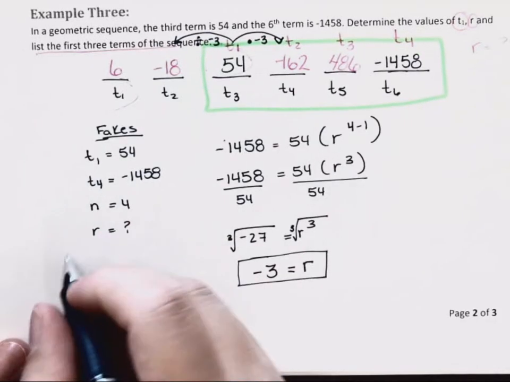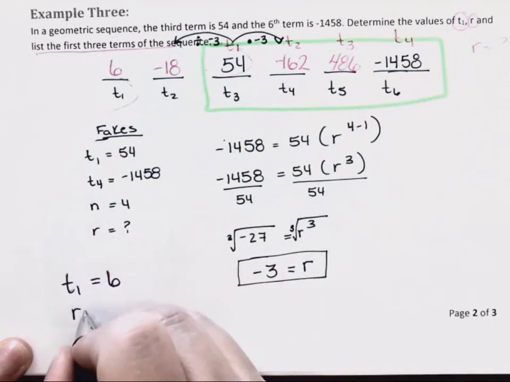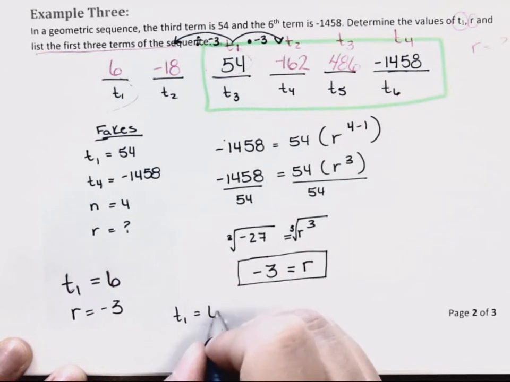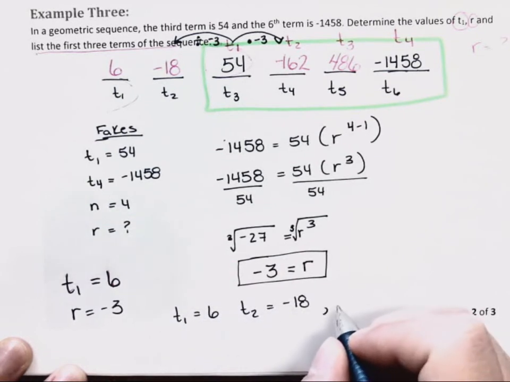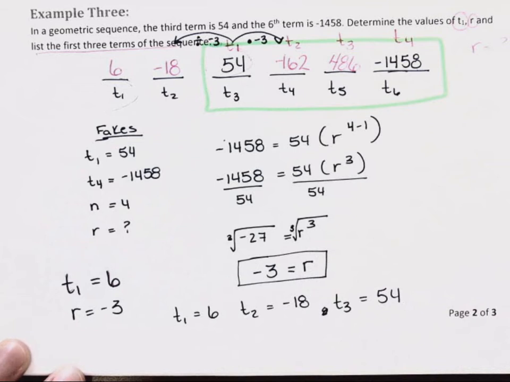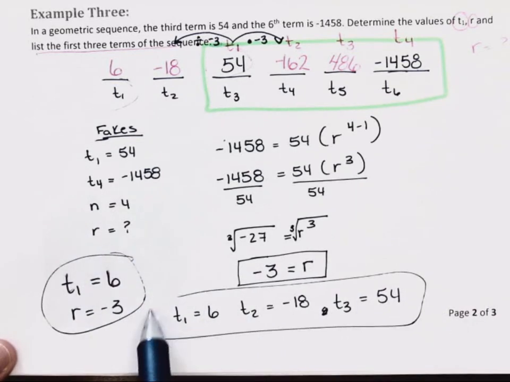R is a -3. T1 equals 6. T2 is -18. And T3, given in the equation, is 54. So I need this and this to fully answer that question.